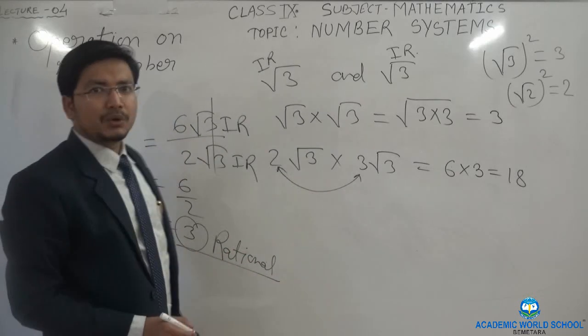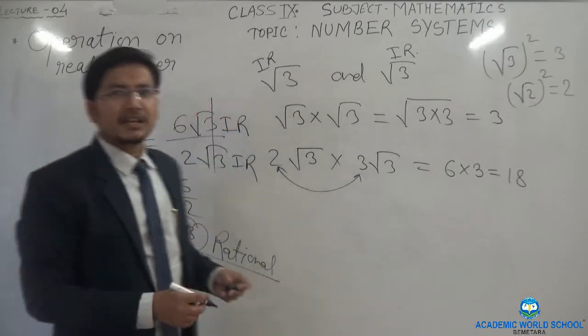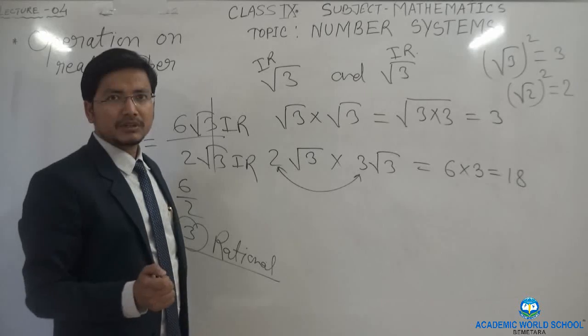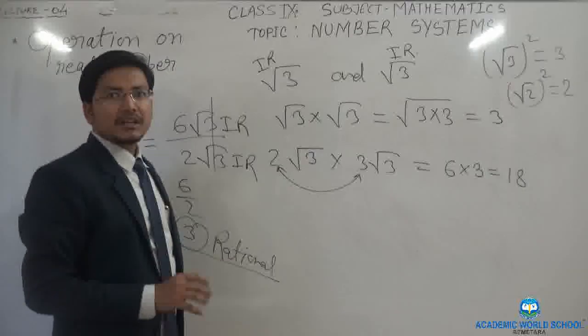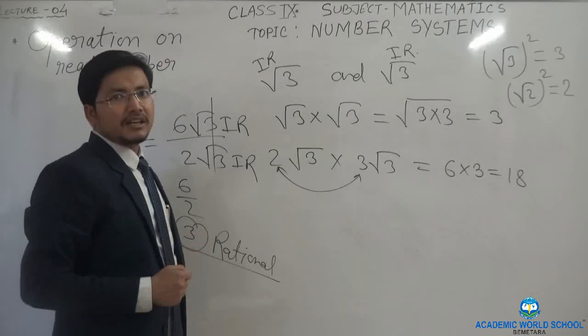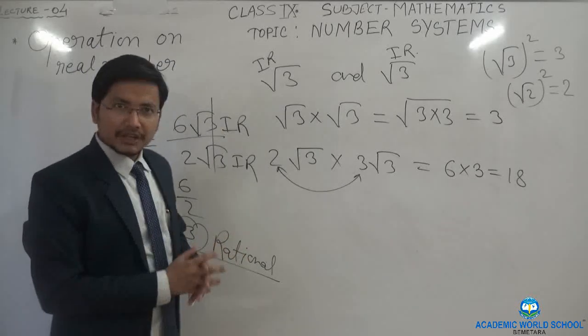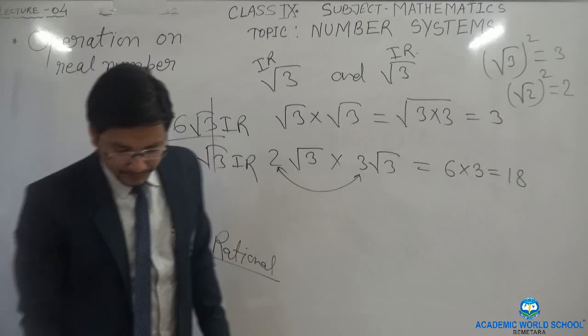So what I am trying to say is, if we are going to find the sum or difference, it is not necessarily that we are going to get rational or irrational. Okay? So this should be very clear.